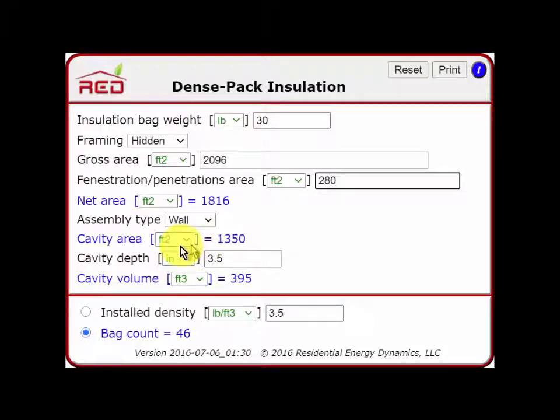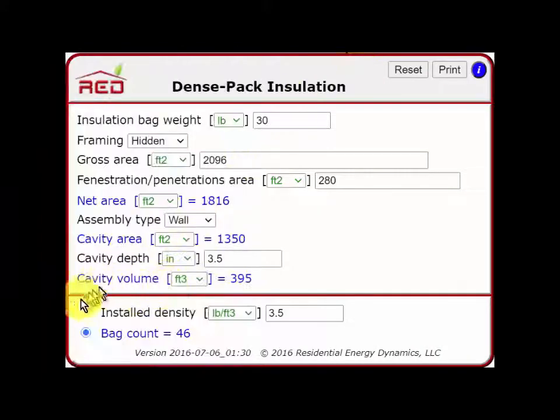So the cavity area, notice that's in square feet, is 1,350 square feet. The cavity depth, I've stated that's 3.5 inches deep for modern 2x4s, and the cavity volume, therefore, is 395 cubic feet, which must be filled with cellulose.